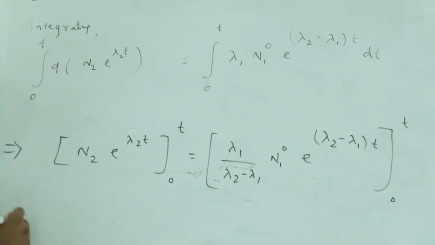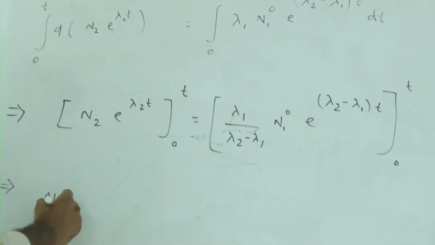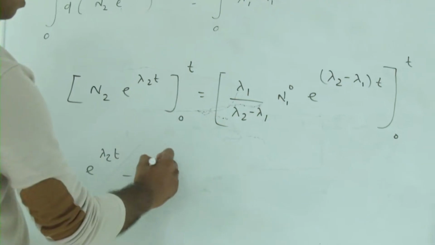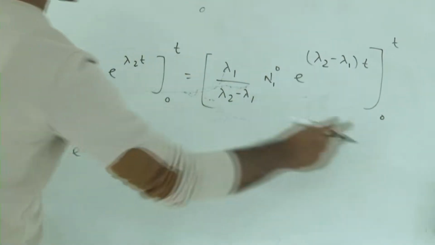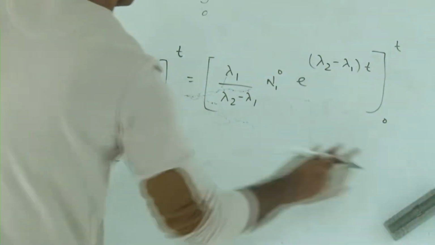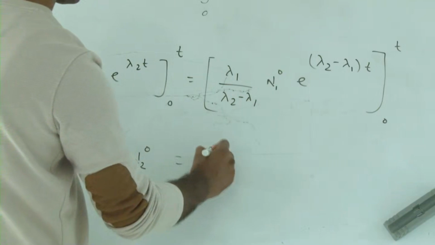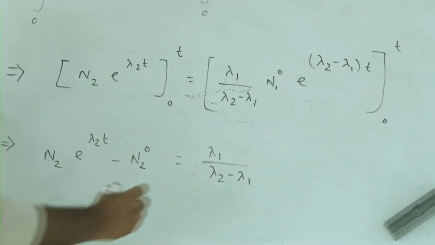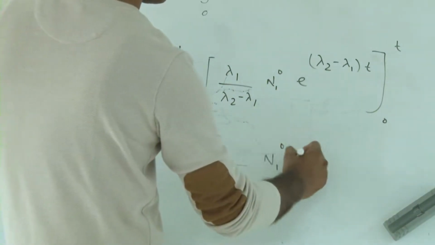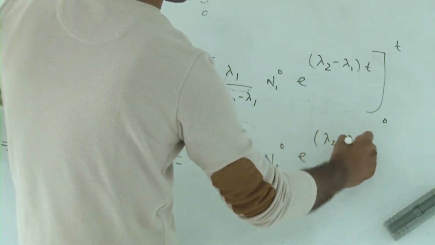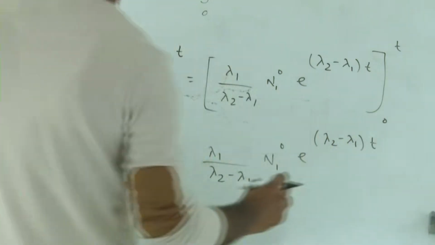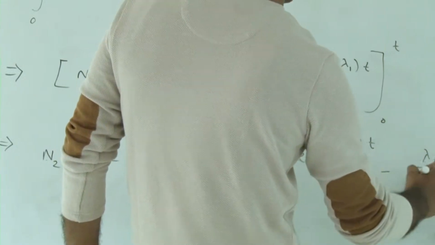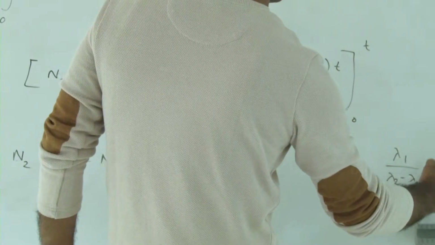If I write this again, first it is N2 e to the power lambda 2 t minus N2 0, as e to the power lambda 2 times 0 becomes 1. So, we can write N2 e to the power lambda 2 t minus N2 0 equals lambda 1 by (lambda 2 minus lambda 1) N1 0 e to the power (lambda 2 minus lambda 1) t minus lambda 1 by (lambda 2 minus lambda 1) N1 0.